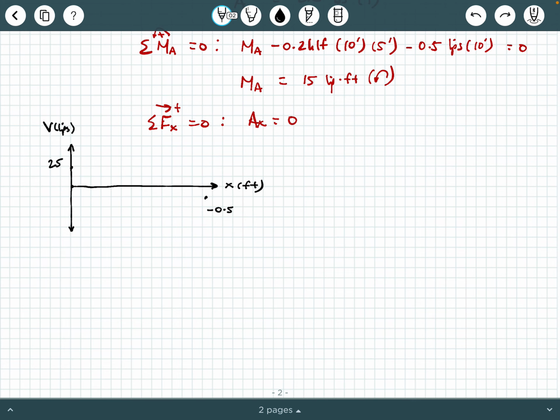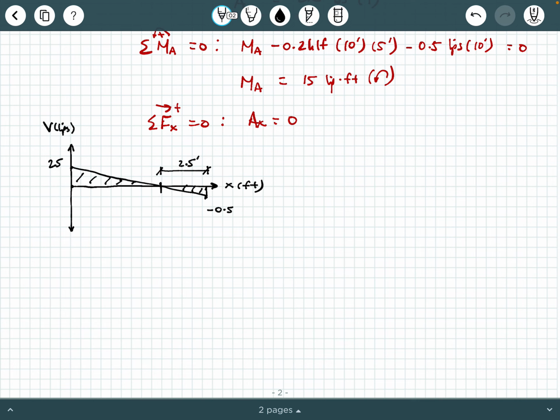Let me draw that a little bit better for us. It's going to be linear, and then CY is going to close me off at 0, okay? Now this point right here is going to be equal to 2.5 feet, okay? That's 2.5 feet there, all right? So that's my shear diagram.